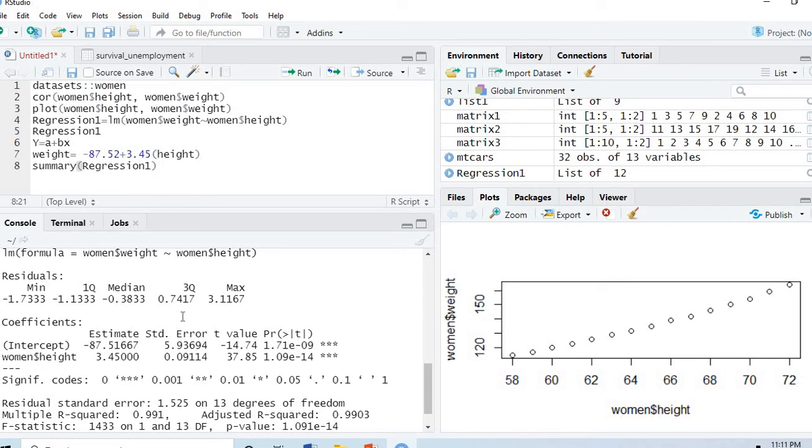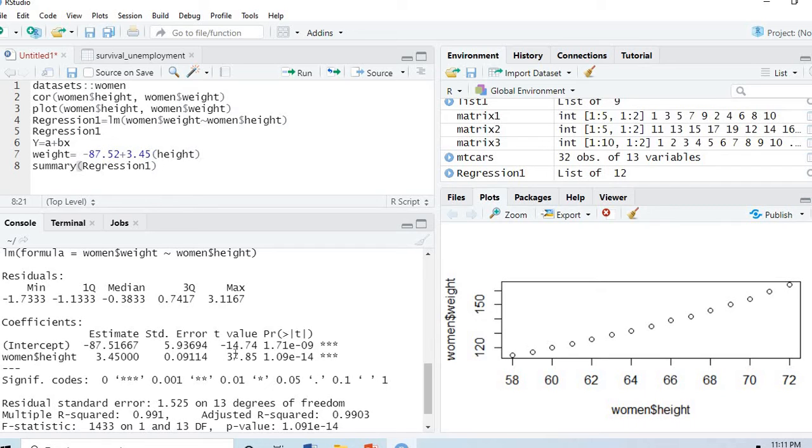Now second, R gives us the results of various coefficients. In this, the intercept is minus 87.5, which we already computed. Along with that, you can find the independent vector height with its coefficient 3.45, which we already computed.